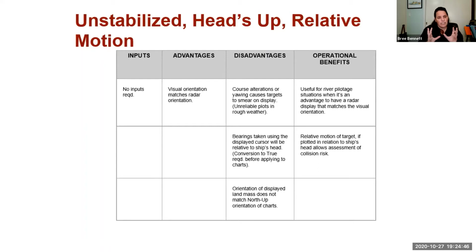Is that kind of making sense? Okay, so a disadvantage is when you use your EBL to get a bearing, that bearing is going to be relative. So then you have to convert it to true to plot it, whether it be plotted on here or on the chart or wherever.